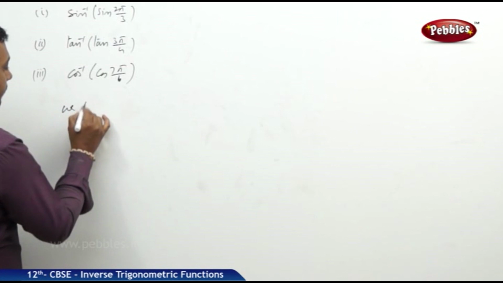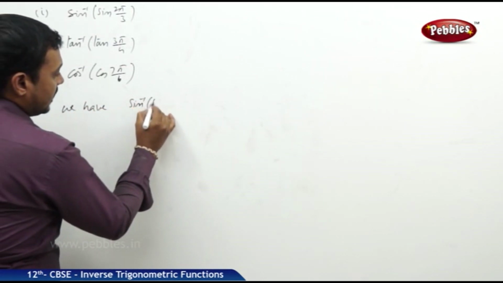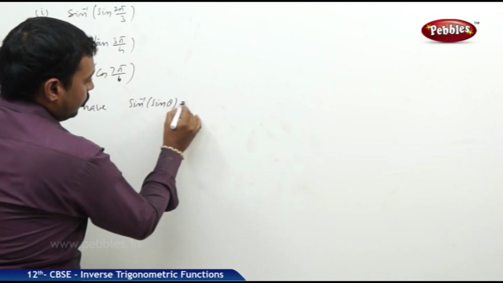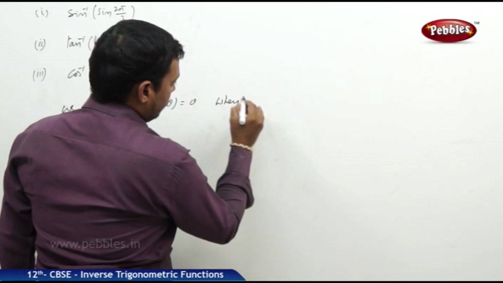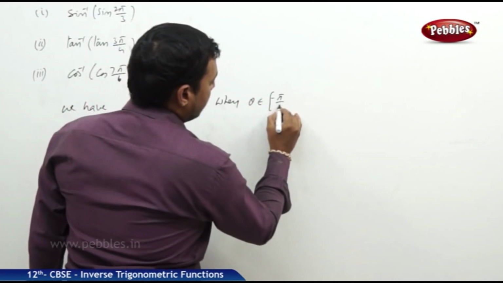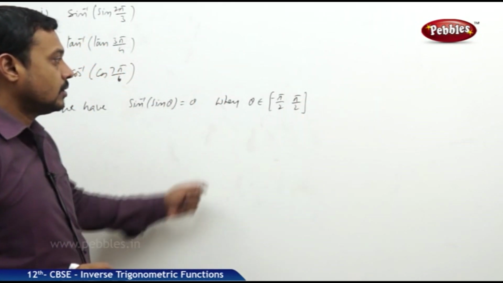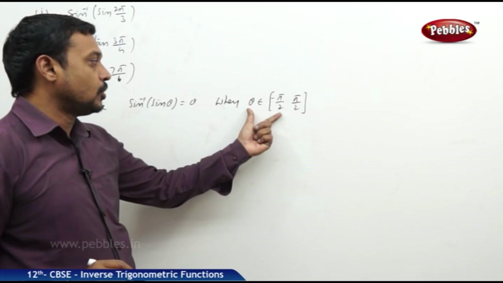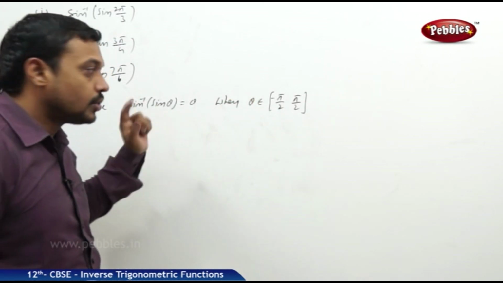We have sin inverse of sin theta is equal to theta when theta belongs to the closed interval minus pi by 2 to pi by 2, because when theta is in its principal domain, then only the inverse exists.